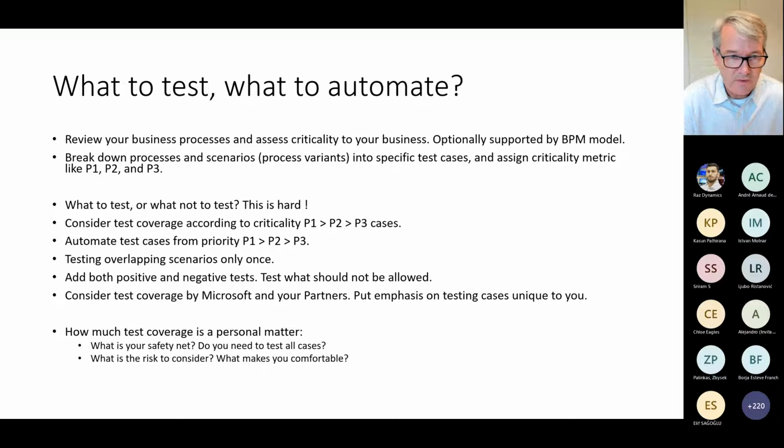On the question of what to test and what not to test, this is really, really hard. In ideal circumstances, you'd be able to test everything, but that might not be practical. So when you consider what you'll go test and what kind of coverage you want, think according to criticality, with more focus on the priority 1 tests and a little bit less on priority 2 and 3 and so forth.